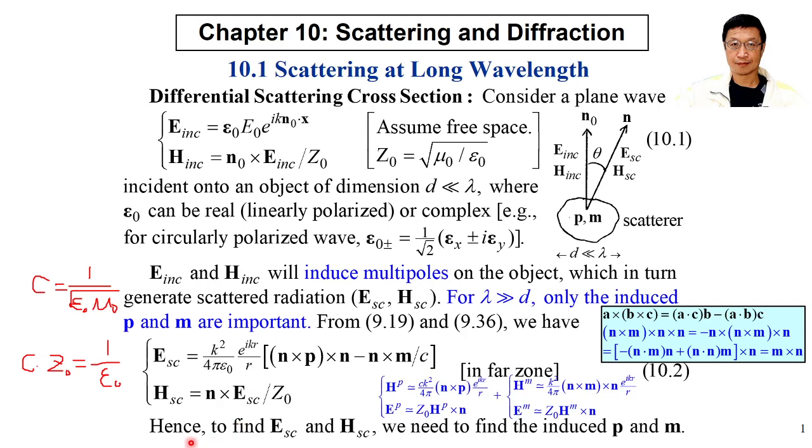Hence, to find E_sc and H_sc, we need to find the induced P and M. You can use this one or this one, up to you, not much difference.